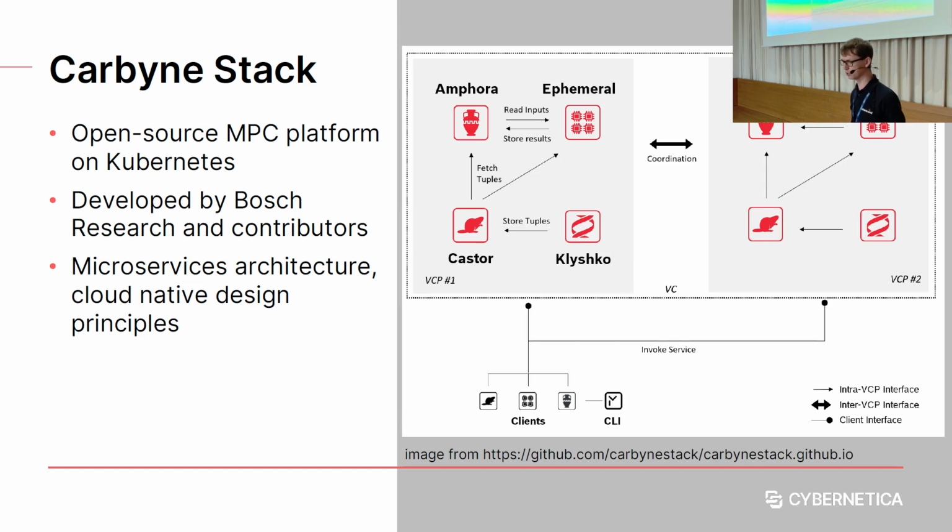It uses a microservices architecture and cloud native design principles. On the picture here, you see a deployment with 2 VCPs, or basically computation parties. The different microservices are, for example, Ephemeral, which invokes the MPC engine or runtime for the computation, and Amphora, which deals with storage of signatures.